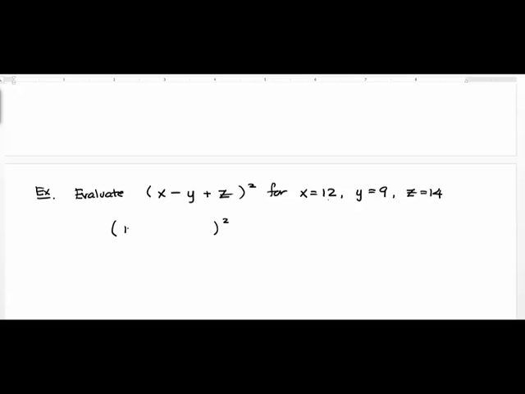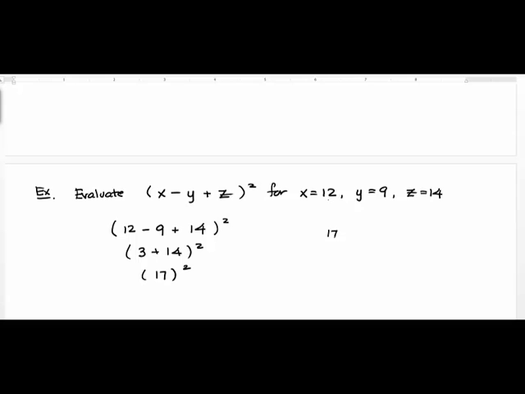My x is 12, my x minus y, which is 9, plus z, which is 14. Okay, so I have 12 minus 9, which is 3, plus 14, right? The whole thing squared, which is 17 squared.